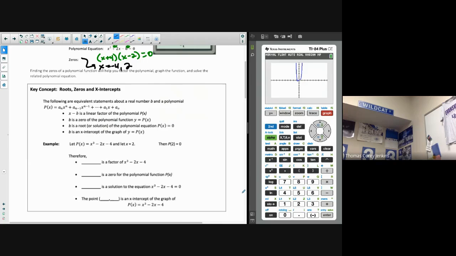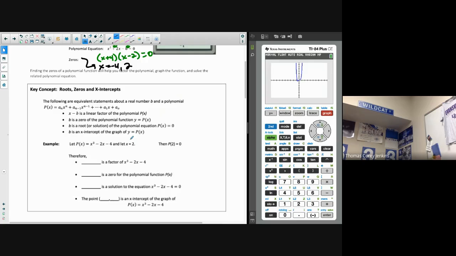All right, so anyways, it gives some mathematical rules right here. We'll basically summarize down here because this mathematical language can be confusing to me sometimes. So let's look at some regular examples. So it says, let p of x equal x to the 3 minus 2x minus 4, and let x equal 2.